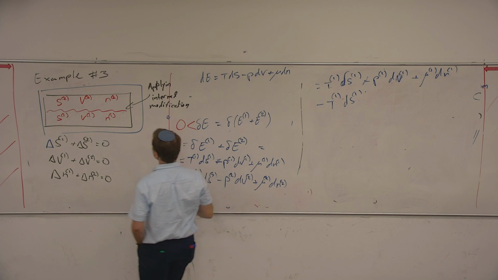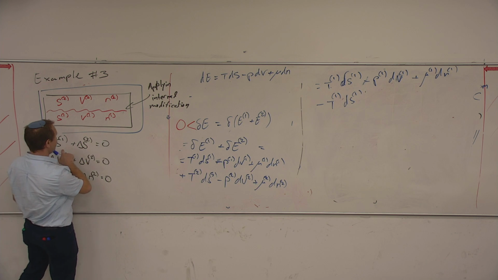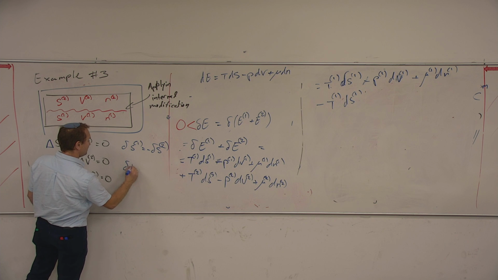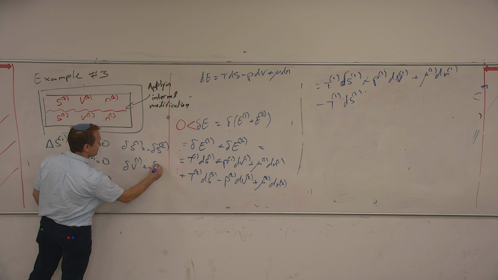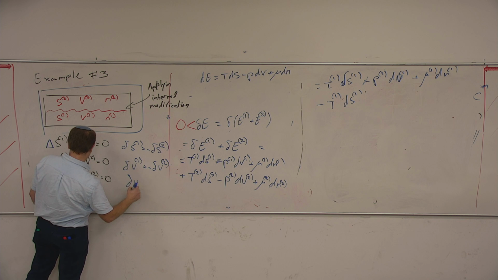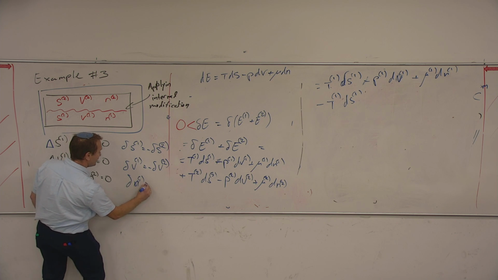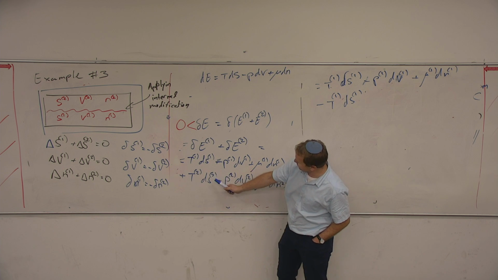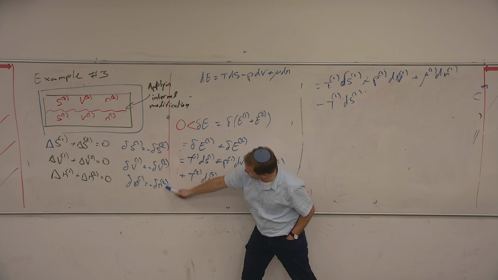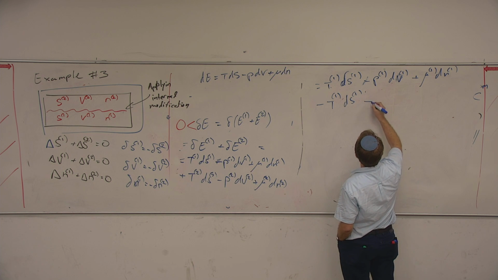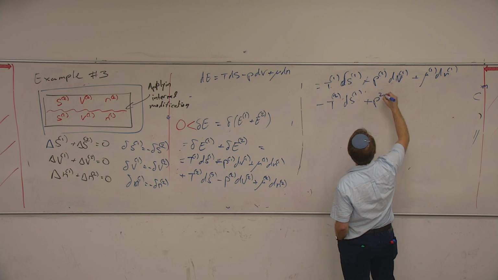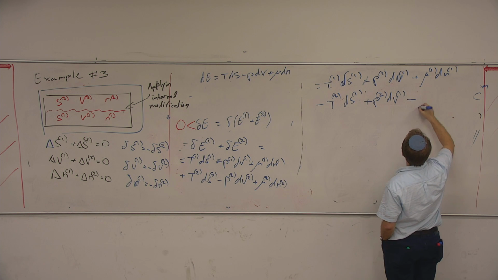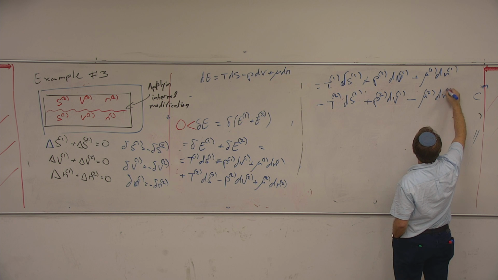So basically here I'm saying delta S1 equals minus delta S2, delta V1 equals minus delta V2, and delta N1 equals minus delta N2. So I have just performed this change of variables. Delta S1 plus P2 dV1 minus mu2 dN1.